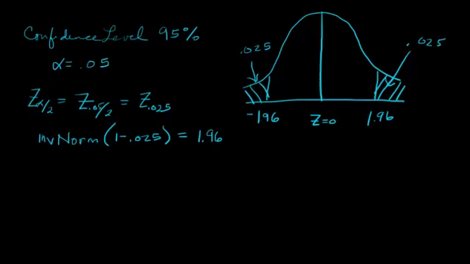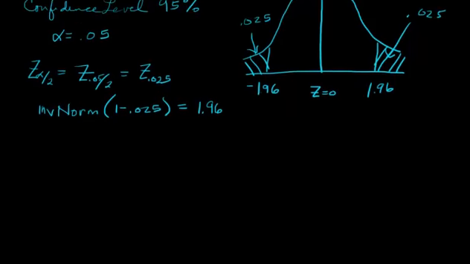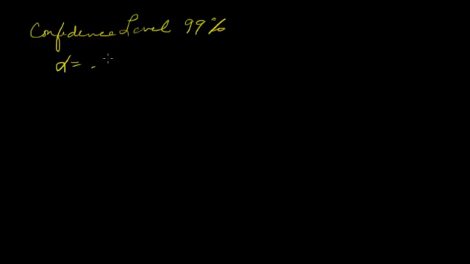Okay, but let's look at the last one, the confidence level of 99%. Okay, so here alpha equals 0.01, z alpha over 2 equals z of 0.01 divided by 2, or z of 0.005.